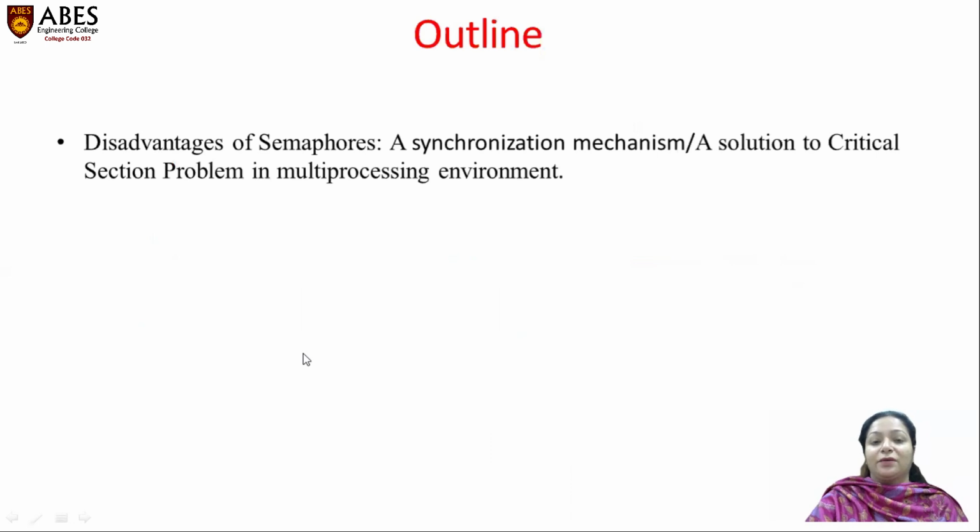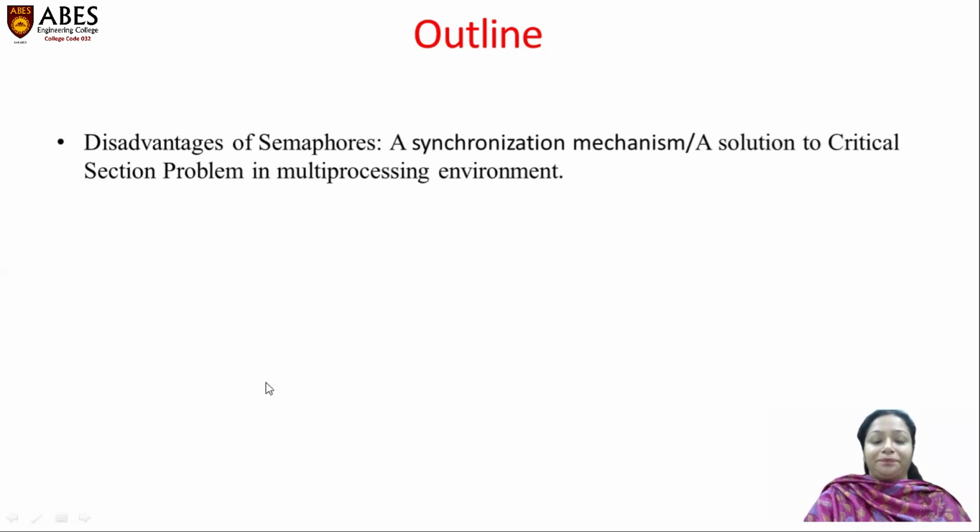So in the last lecture, we discussed the concept of semaphores, that semaphores are basically a software-based solution for the critical section problem. And a semaphore can be implemented with two atomic operations, that is wait and signal. Through the wait operation, the process gets access to the critical section, and when a process completes its dedicated task in the critical section, it releases the critical section using the signal atomic operation.